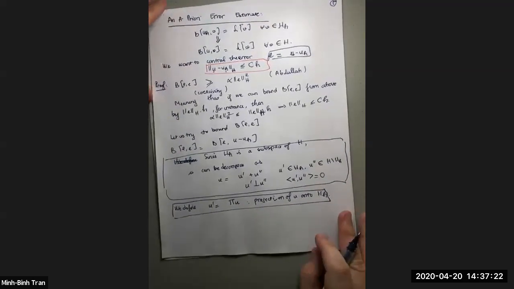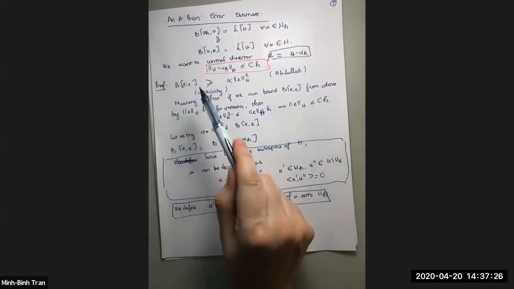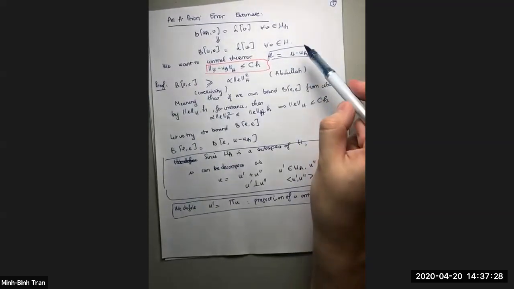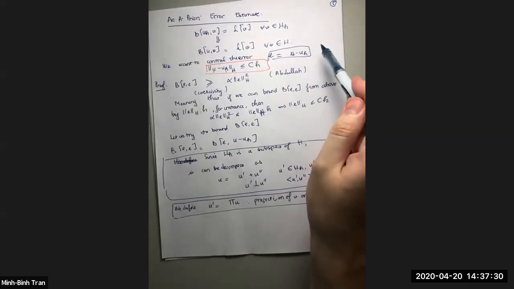Right? I explain again. We want to control the error, which is the difference between U and UH.